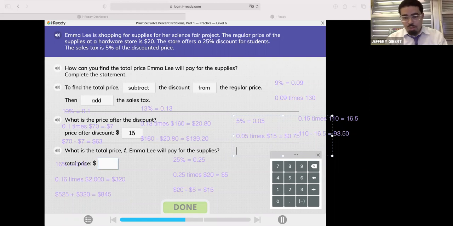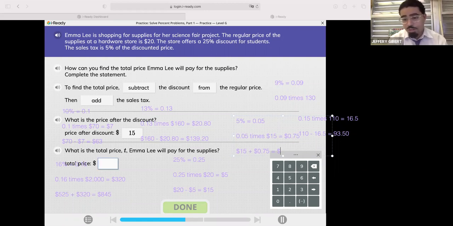So what do you get when you add the 75 cents onto the $15? No, not $15 plus $75. $15 plus 75 cents.